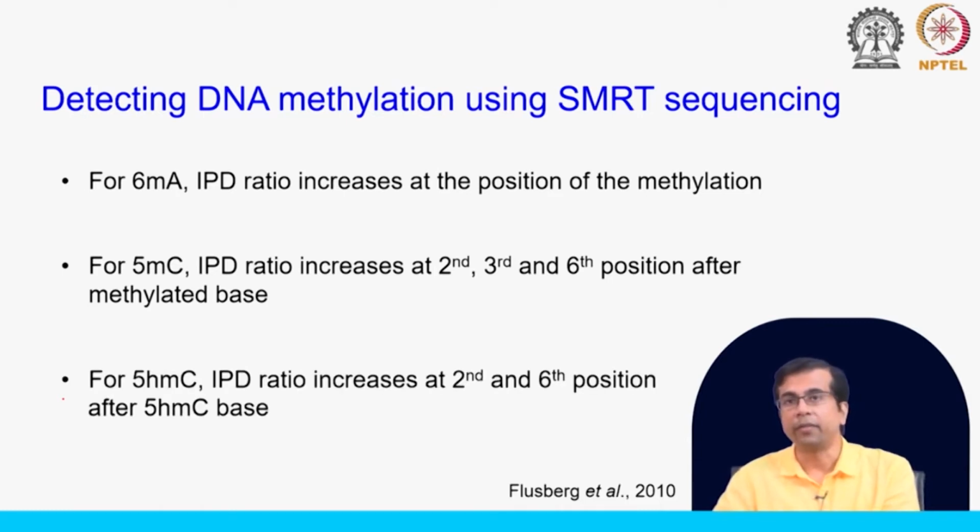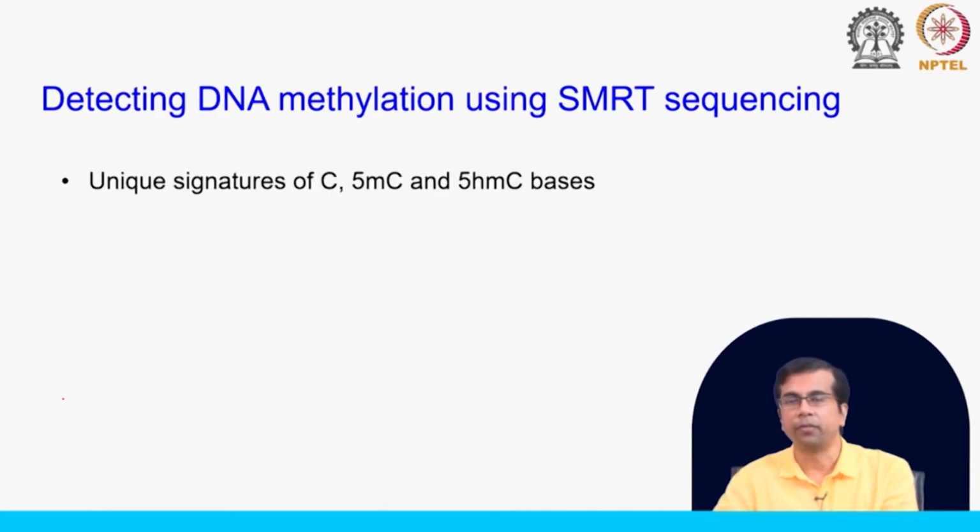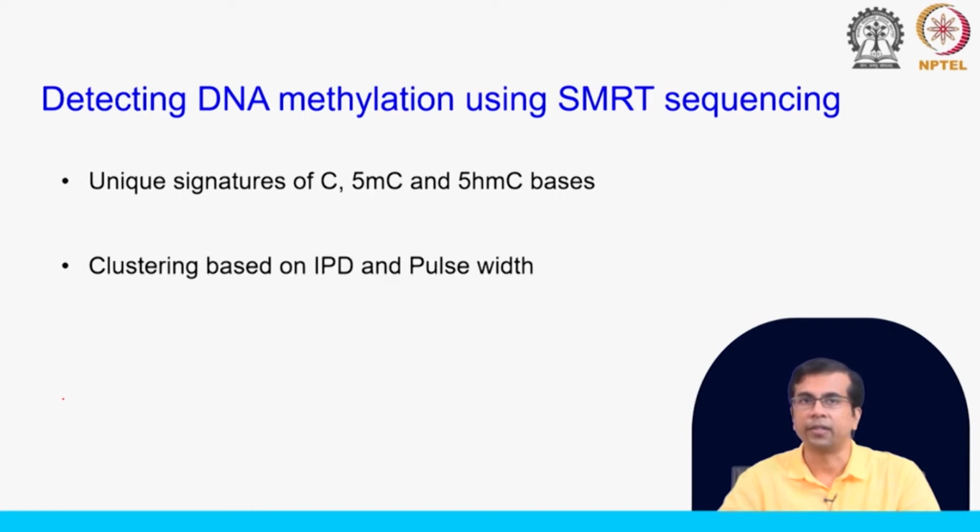For 5hmC, there was a small difference. The IPD ratio increased at the second and sixth position, but not at the third position after the 5hmC base. So, what they could do is differentiate between unmethylated C, 5mC and 5hmC bases based on the two parameters we just described.